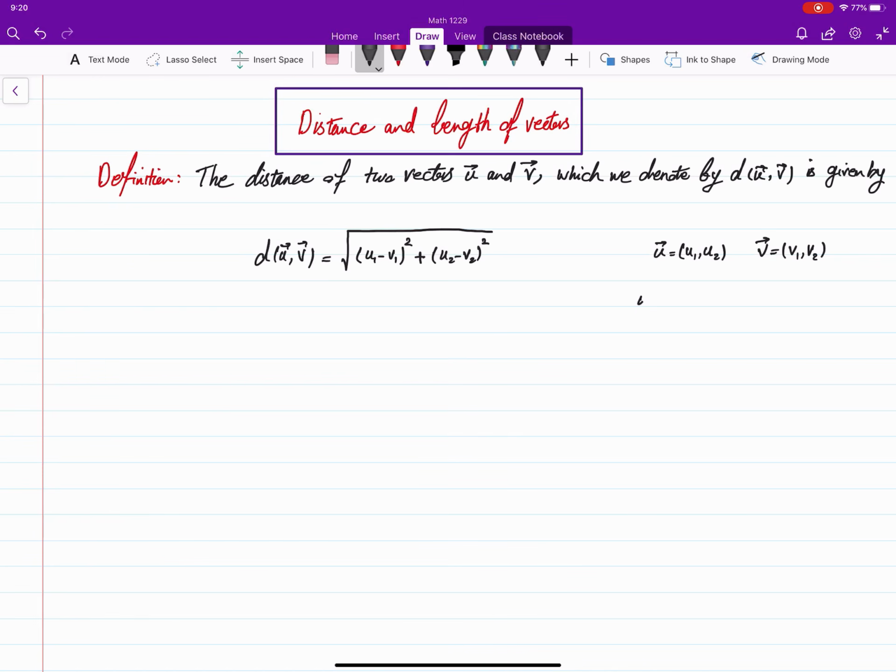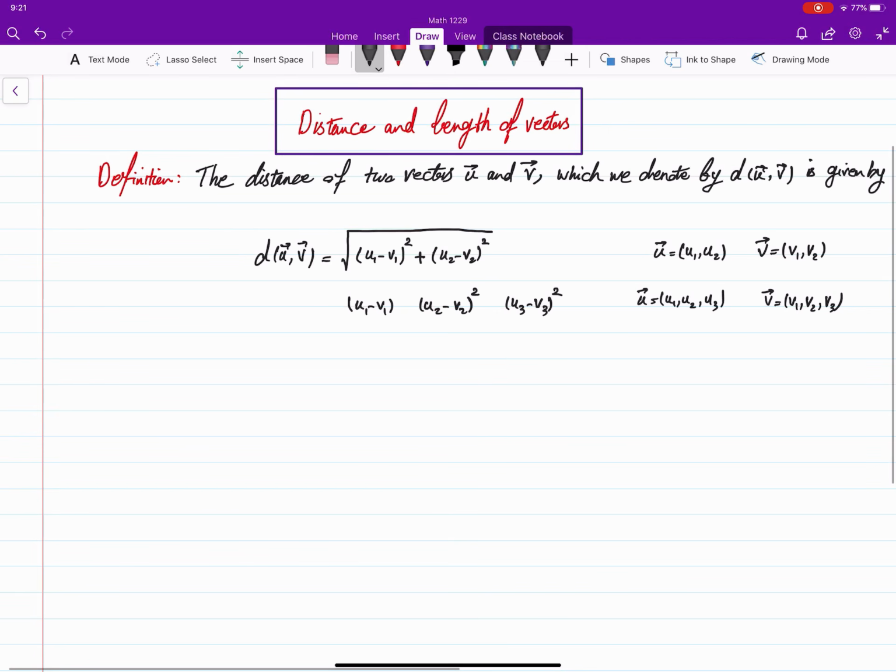How about vectors in R3? Well, for vectors in R3, we have three components. But what we basically do is exactly the same thing. Subtract the corresponding components: u1 minus v1, u2 minus v2, and u3 minus v3.